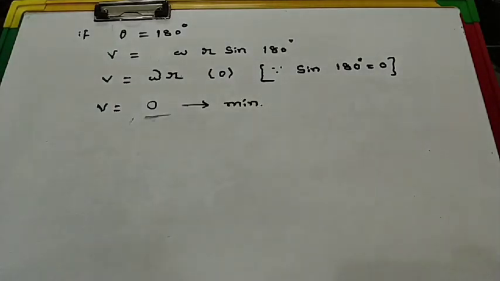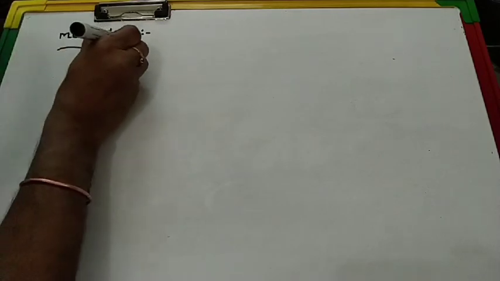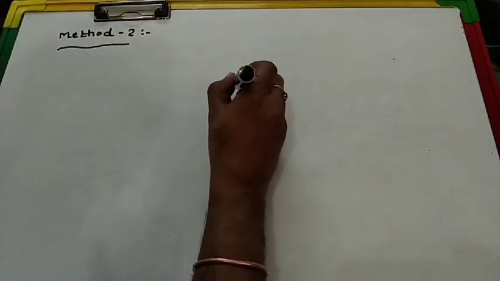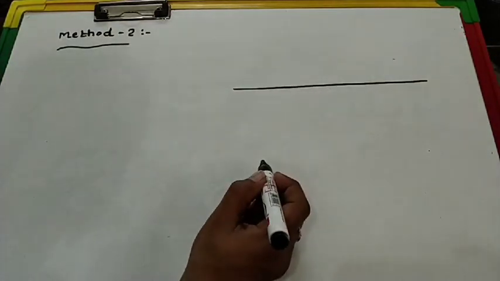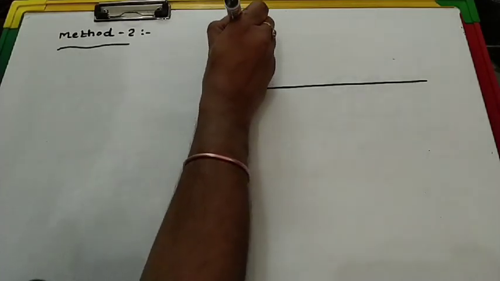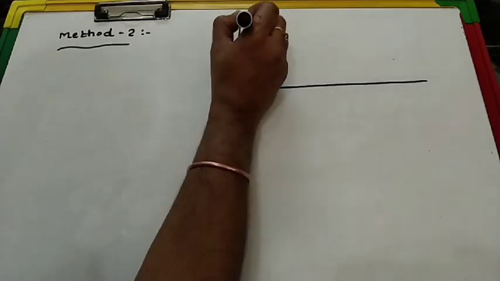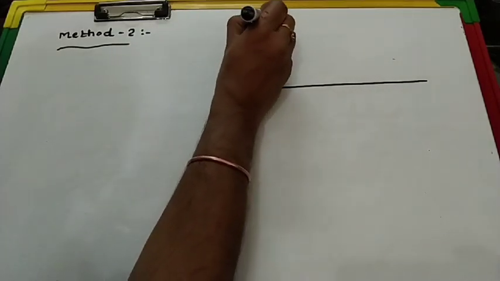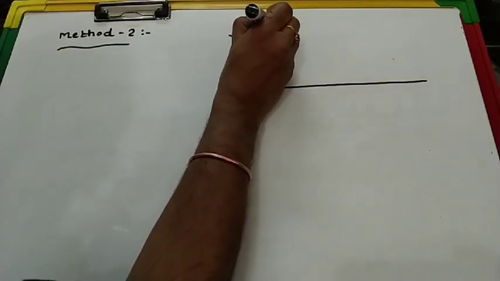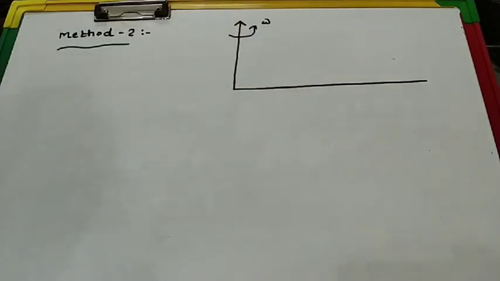Now, method 2. Take x-axis and y-axis. Here it is angular velocity omega in this direction.